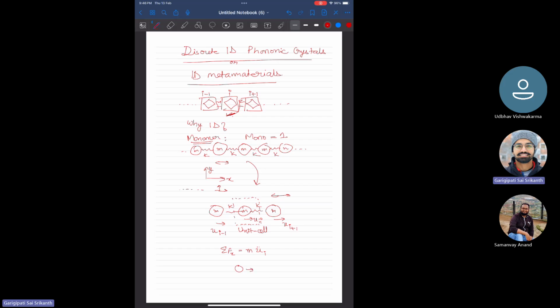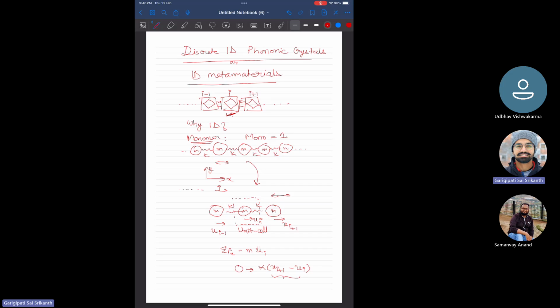When the spring on the right is elongated. When does the spring elongate? When u of i plus 1 is positive and greater than u i. So this is the net elongation of the spring to the right, and this is being pulled in that direction.